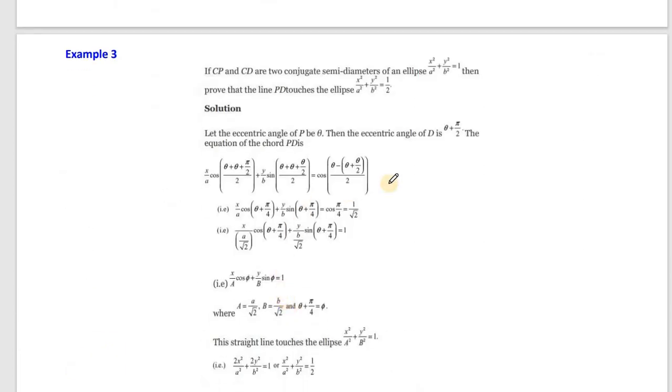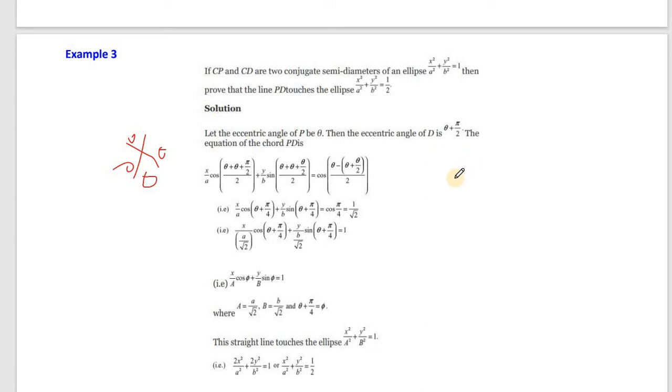Next: if CP and CD are two semi-conjugate diameters of an ellipse, then prove that the line PD touches the ellipse. Such types of problems are very simple, and they can be asked in the exam. Let the eccentric angles of P and Q be theta and 90 plus theta.